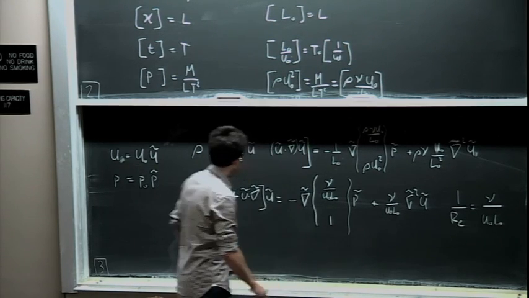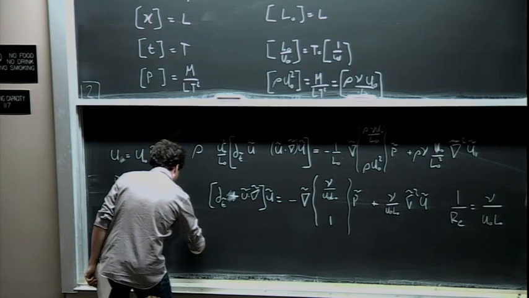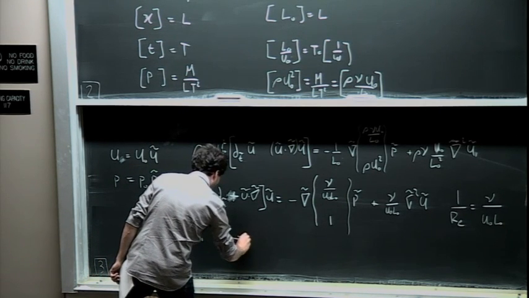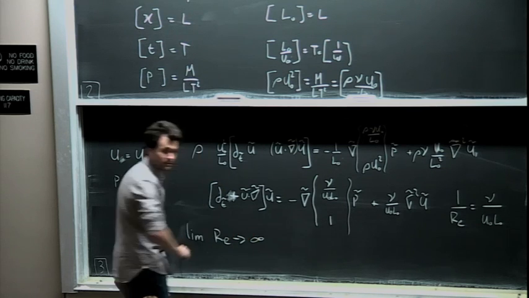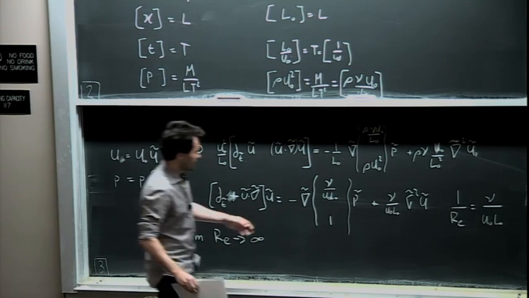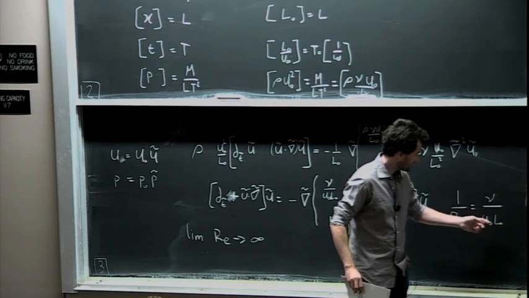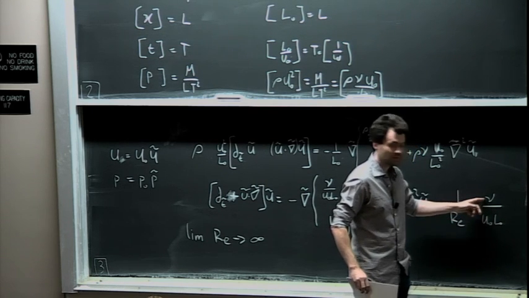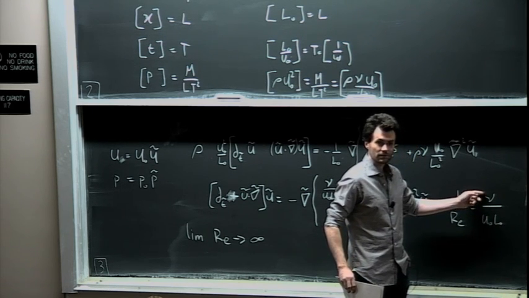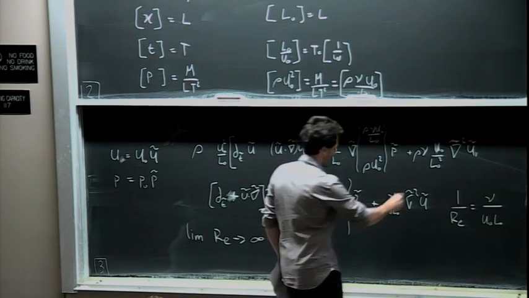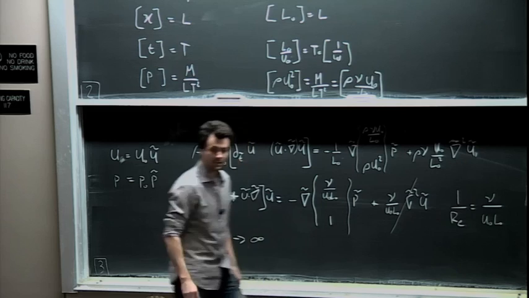That's equivalent to saying we're going to take the limit of the Reynolds number going to infinity. So we're going to consider a case in which the velocity and the length scales are very large. This product is very large compared to the kinematic viscosity. And so what we can do is ignore this term over here.